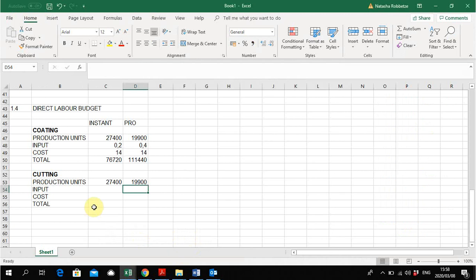Going back to the memo, I'm going to type in 18 minutes out of 60 minutes to get to an hour, and it is 18 minutes out of 60 minutes again. And the cost there was 16 Rand for an hour. Again, I will just multiply to get to a total.